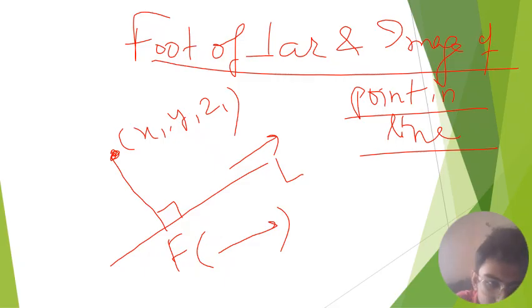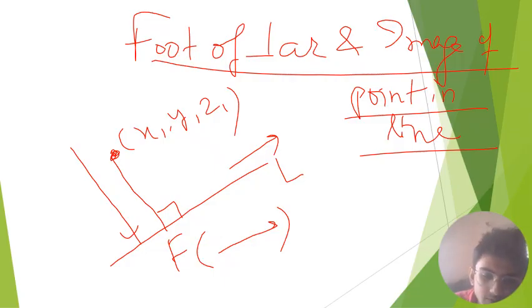Then you will find the direction ratio of this particular line and this particular line which is already given, and then you have to make the dot product 0, and when you make the dot product 0 you will get the unknown, lambda, because these points are also given to you.